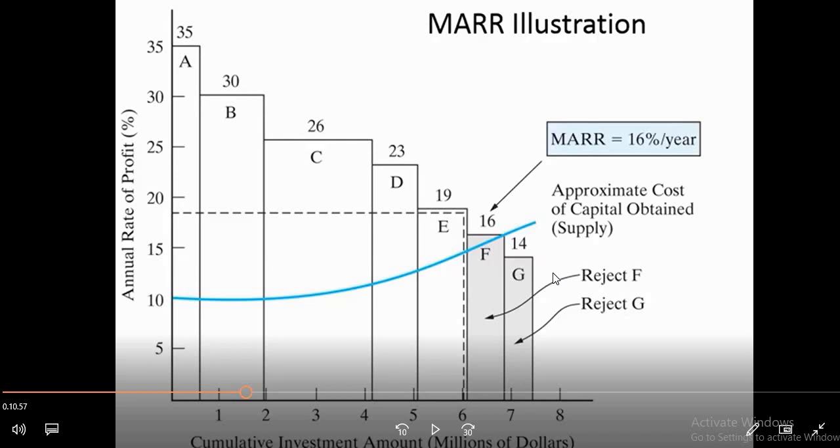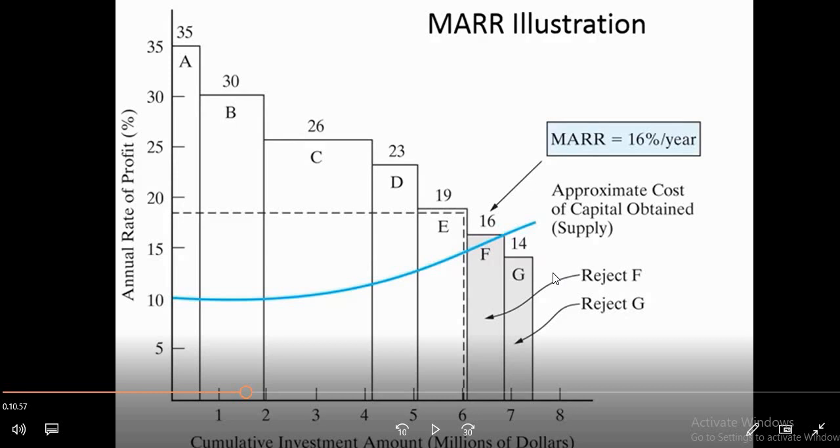So this MARR depends on the company's decision, how the company will expand its particular work, how it borrows money from the particular bank, at what interest rate, and how the company will get that interest rate from its projects and pay the loan installment to the bank.